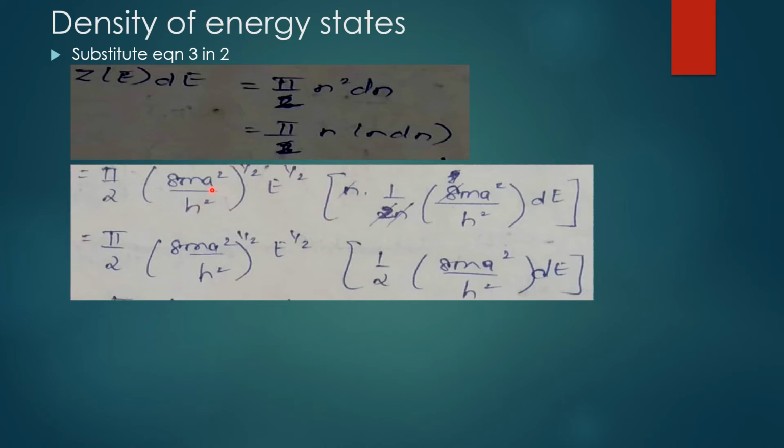Substituting n as (8ma²/h²)^(1/2) × E^(1/2), and the other n dn from equation 3 as 1/2n × 8ma²/h² dE, the n will cancel out.